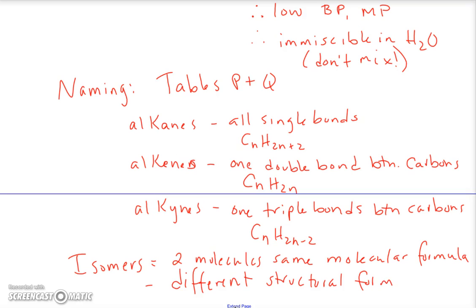Basically, what this means is you have the same molecular formula, the same number of carbons and hydrogens, but how those carbons and hydrogens are stuck together is very different. So it'll look different if you look at the structure.